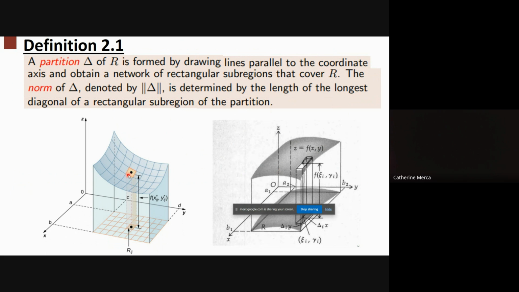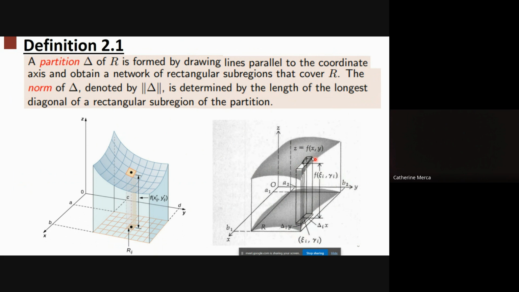So here, if we take this one subinterval, we have delta sub i y and delta sub i x. From here, f of psi sub i, gamma sub i.